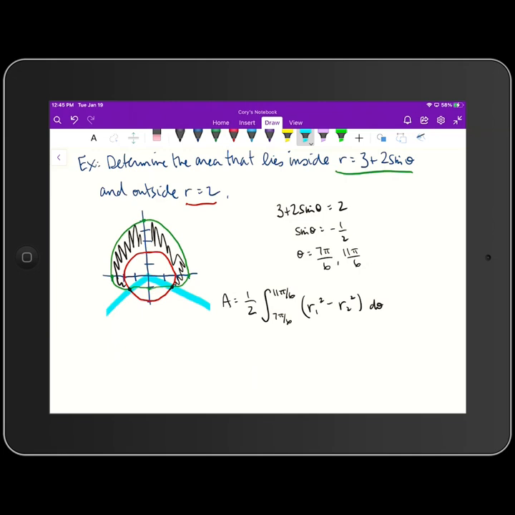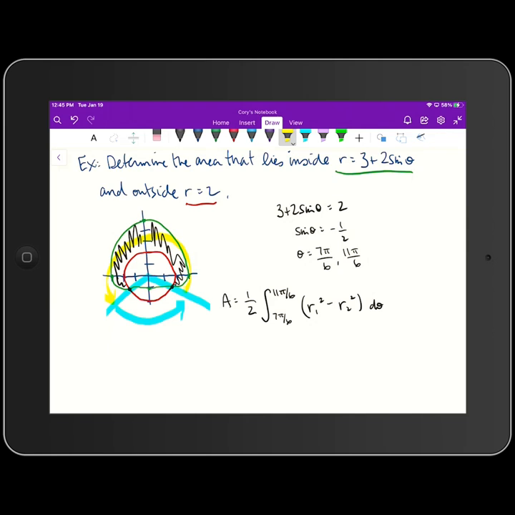If you take the integral from 7 pi over 6 to 11 pi over 6, that would sweep out all of this stuff right here. And that's not the area that we are trying to sweep out. What we're trying to do instead is sweep out the area from here all the way around to here. So we have a problem with our limits of integration the way that they are written right now.